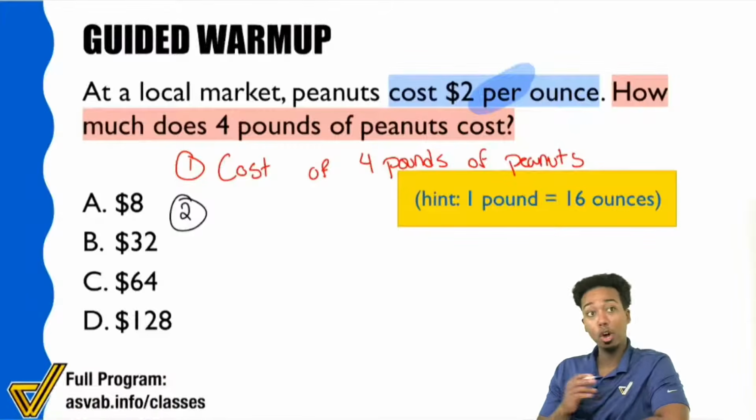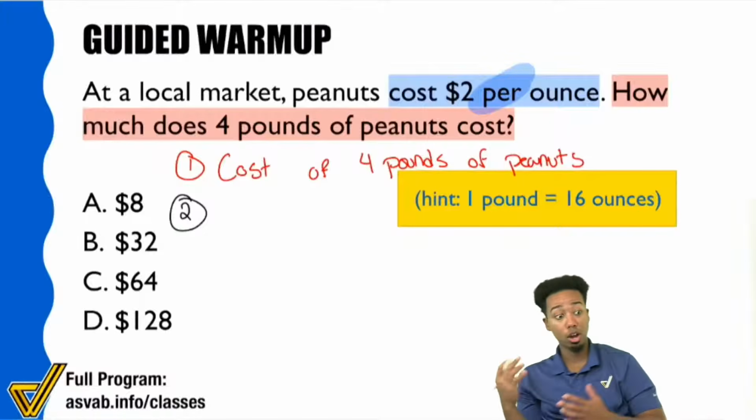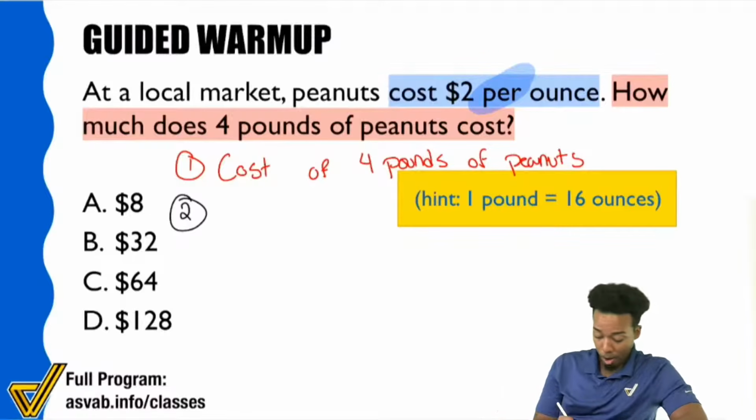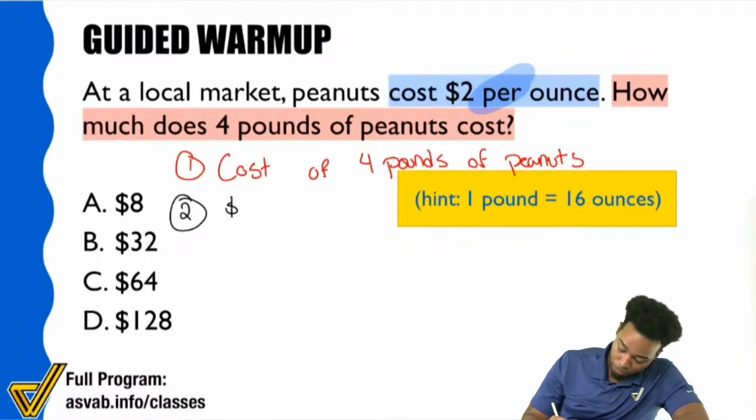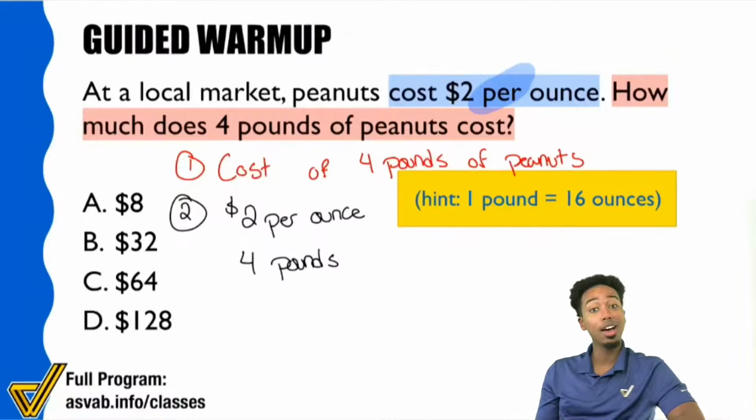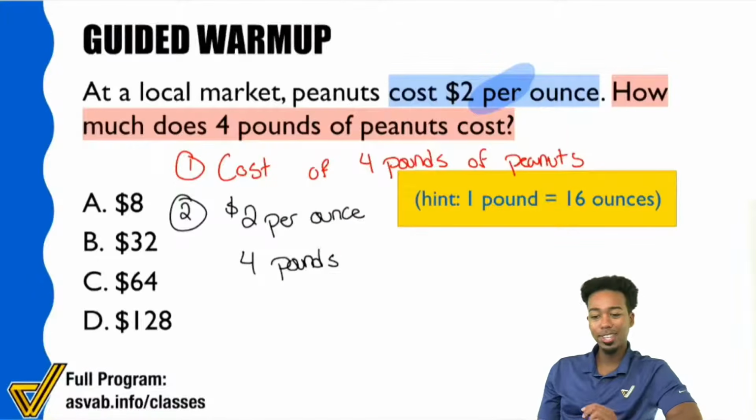Per, I think I saw one of Coach's classes says, hey, $2 per ounce means you do the $2 times ounces and you got it. And a lot of y'all might be thinking, okay, cool. $2 per ounce. You're looking at 4 pounds. Who here is thinking that we got to multiply the $2 times the 4 pounds? Who thinks we got to do that?